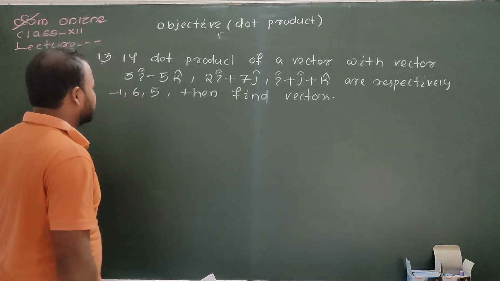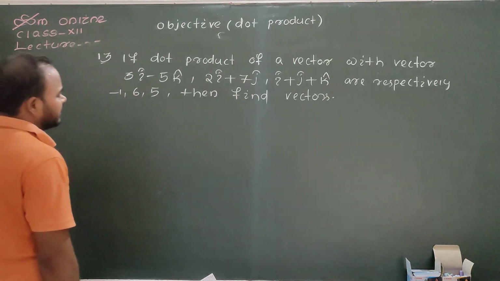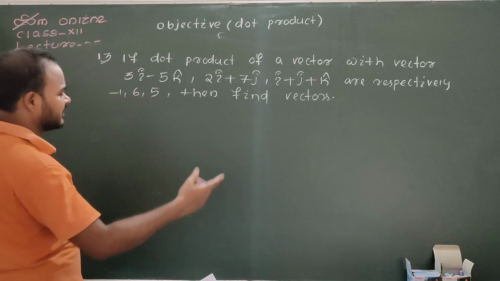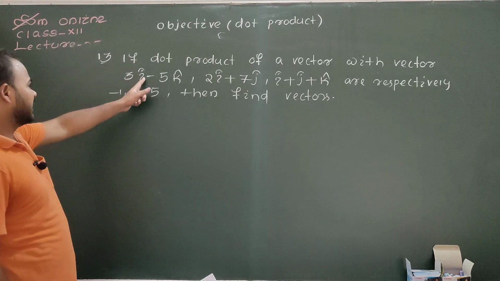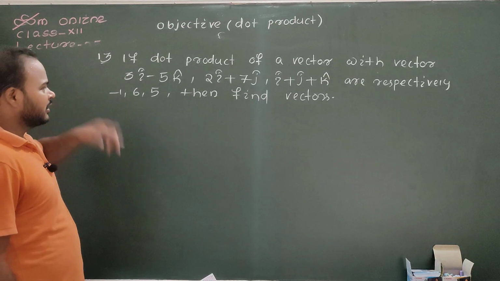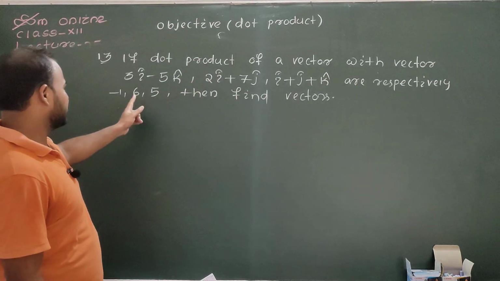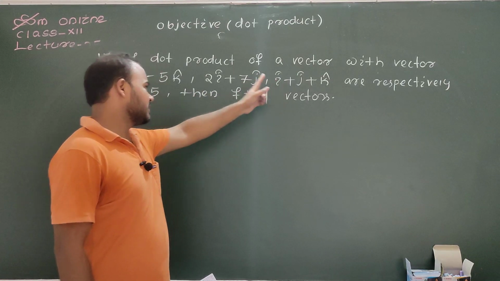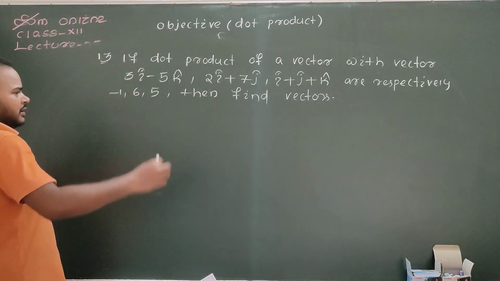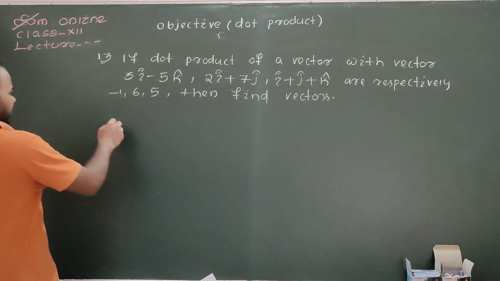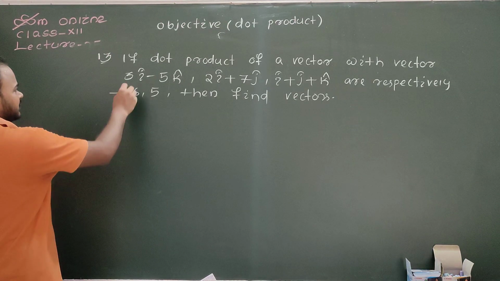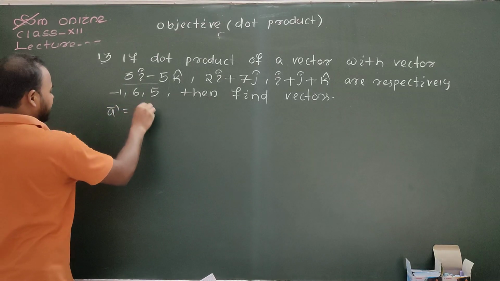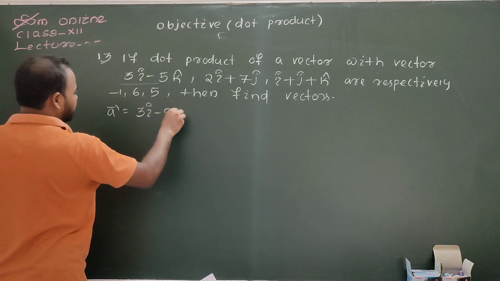Okay. So here we need to find out a vector. And dot product of that vector is minus 1, dot product of that vector is 6, and dot product of the vector with this vector is 5. Okay, so now let us consider a vector. Suppose this is vector A, 3i cap minus 5k cap.